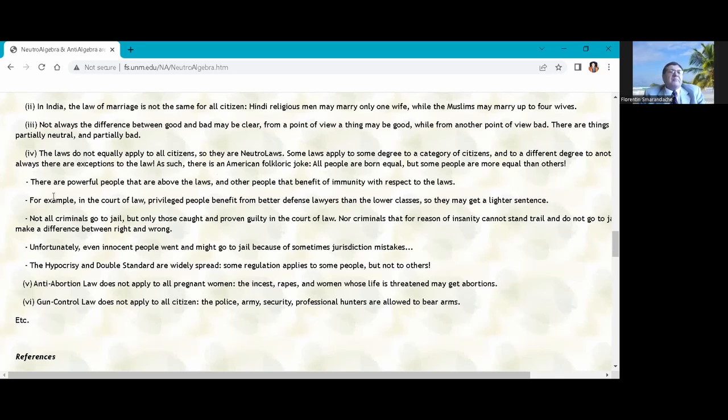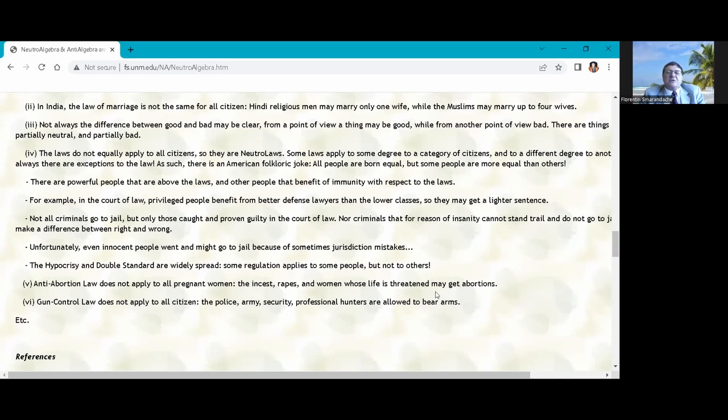There are people that in a court of law are privileged because they can afford to hire highly effective lawyers. Also, there are criminals that escape jail because they are not caught. There are unfortunately innocent people that go to jail because of sometimes jurisdiction mistakes.